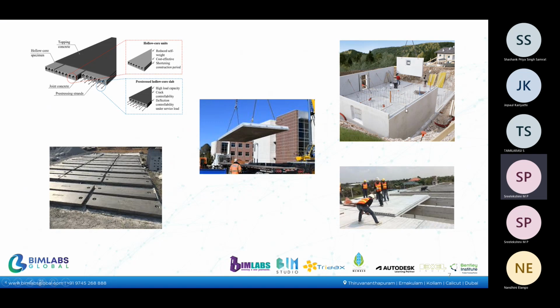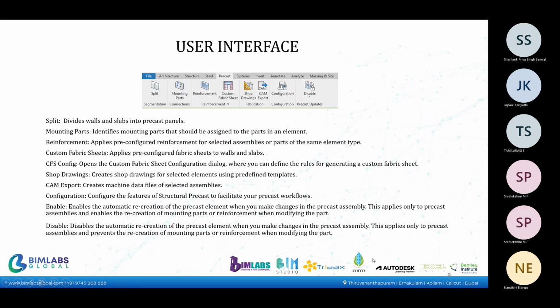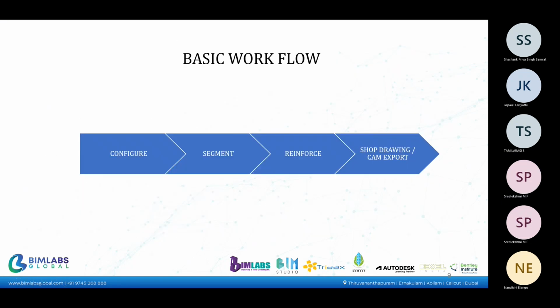This is about a hollow core slab in between, and also we can provide reinforcement. And these are the mounting parts, that means we can fix the components for proper anchorage. After that, we first do the configuration, then provide suitable segments.